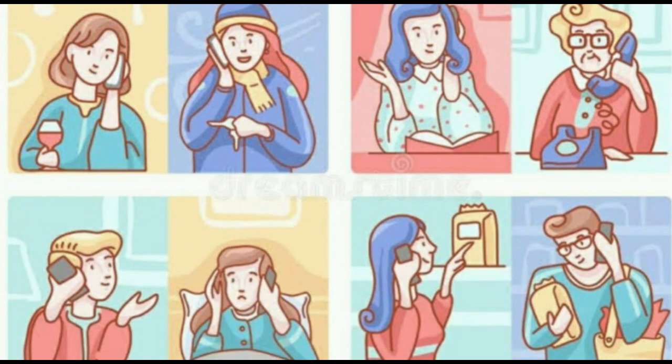Children, have you noticed that in the illustrations just shown to you, you had an idea of an informal telephone conversation between Lavanya, Rajesh, and Suresh. You also have noticed that the communication was so informal. It's so informal because it is between friends.